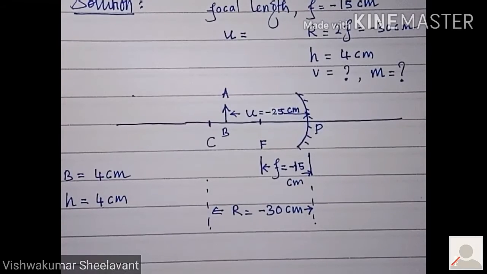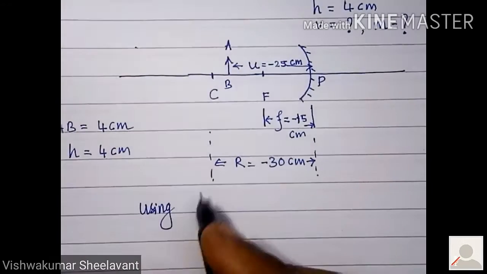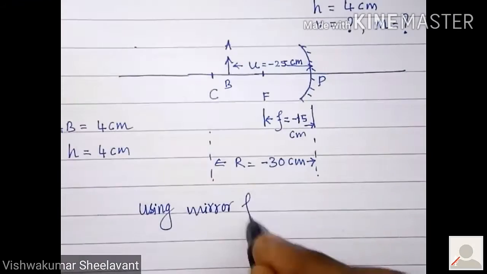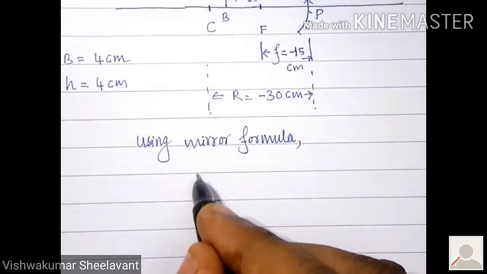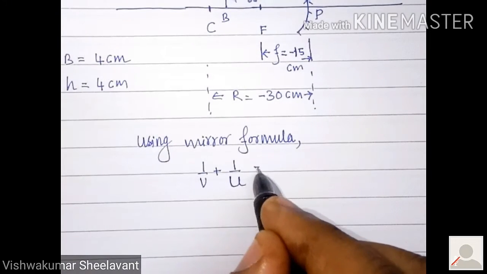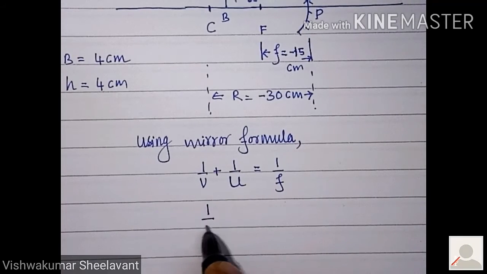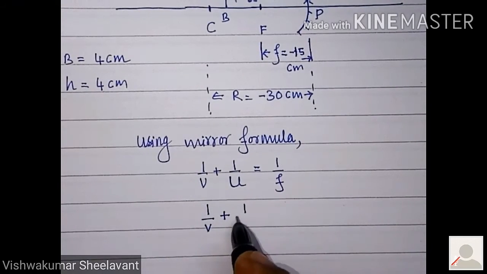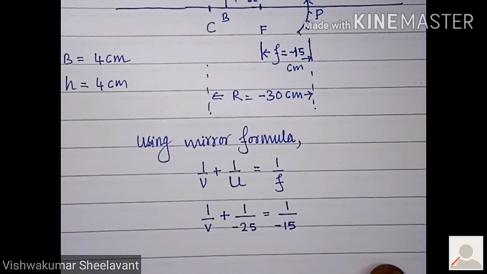Now we'll make use of mirror formula. Using mirror formula, 1 by v plus 1 by u is equal to 1 by f. v we have to calculate, plus 1 by minus 25 equal to 1 by f. f is minus 15.